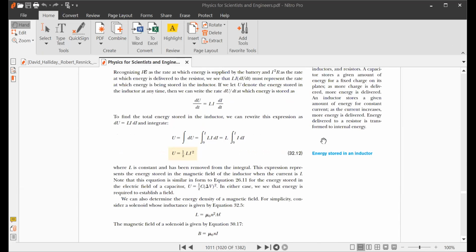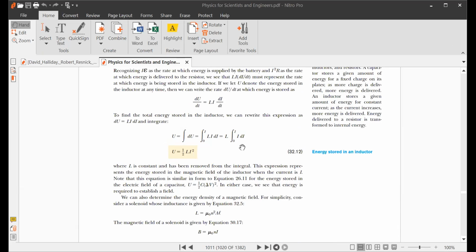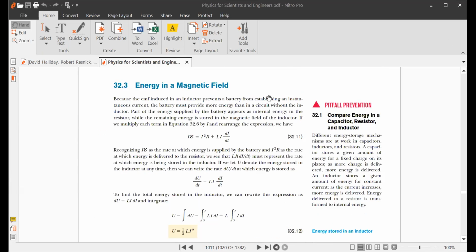Any question? No. So this is the potential energy inside the solenoid, or inside the inductor. If we cast this, we can use the capital L here.